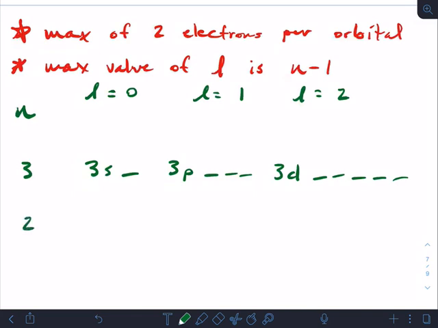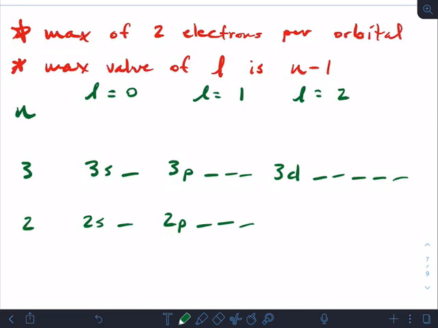If my n is 2, then I can have my 2s and I can have my 2p. If my L value is 0, that means an s orbital. If my L value is 1, that means a p orbital.